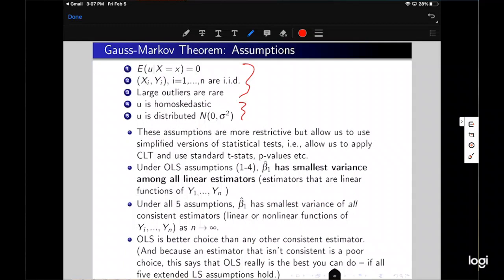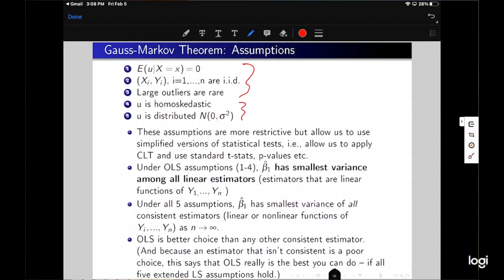Under OLS assumptions number 1 through 4, beta hat has the smallest variance among all linear estimators. In other words, it's the most efficient amongst all linear estimators. Under all 5 assumptions, beta hat has the smallest variance of all consistent estimators, linear or nonlinear functions of y1 through yn, as n goes to infinity.